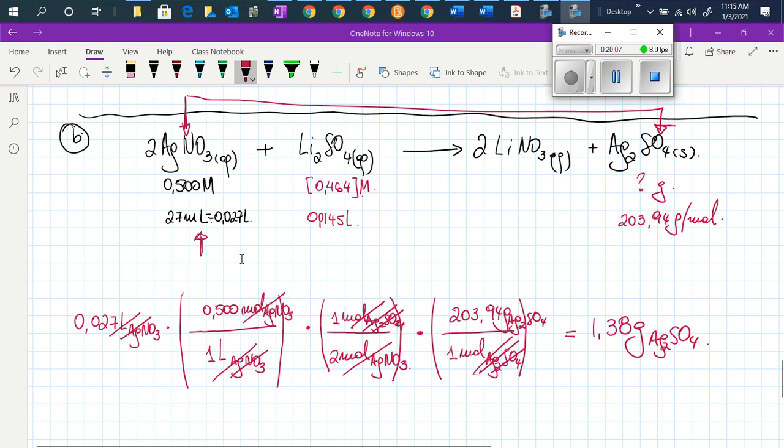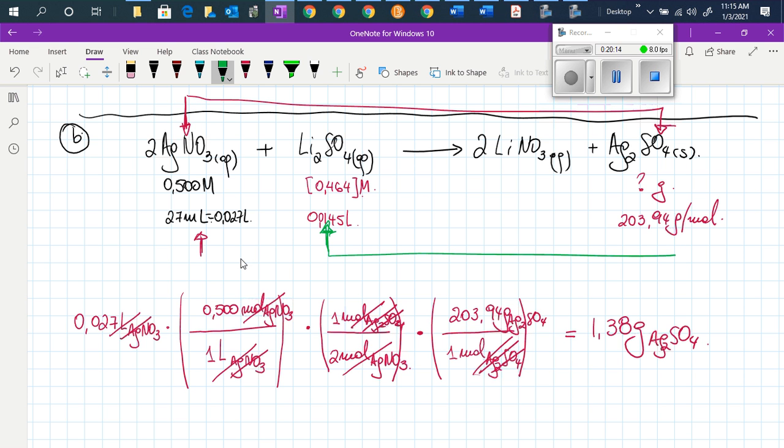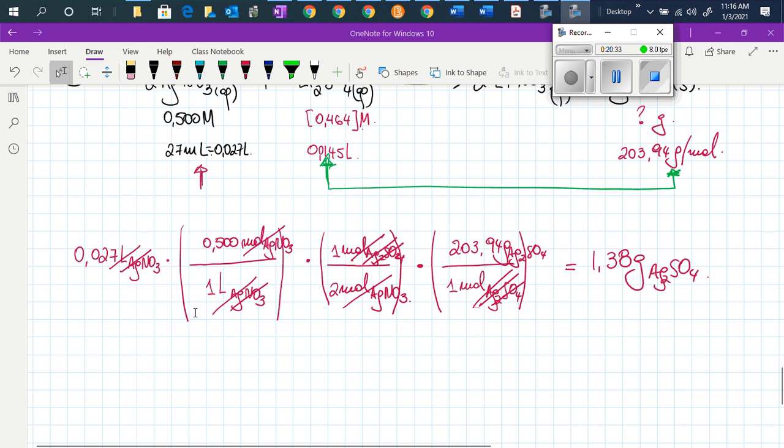And now we will work between the lithium sulfate and silver sulfate. Okay, so we'll do pretty much the same process, starting with lithium sulfate.